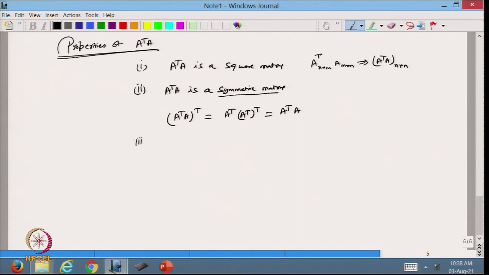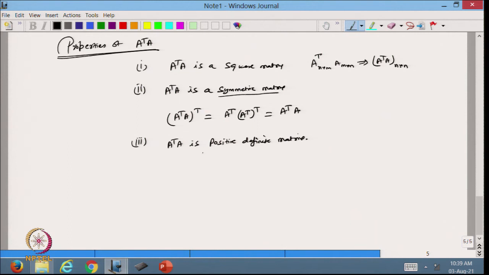And third one is, we have already discussed that A transpose A is a positive definite matrix.